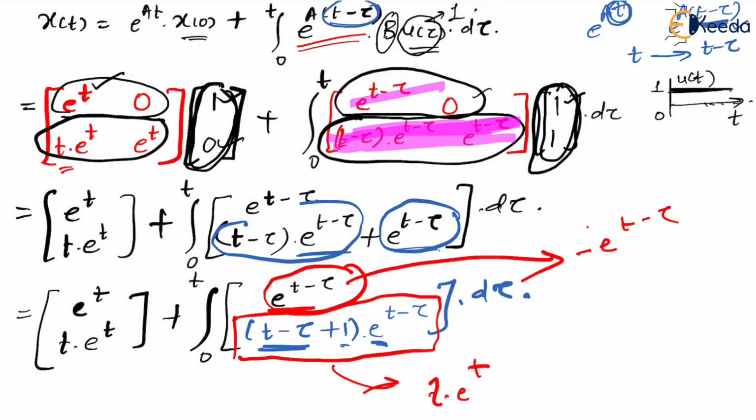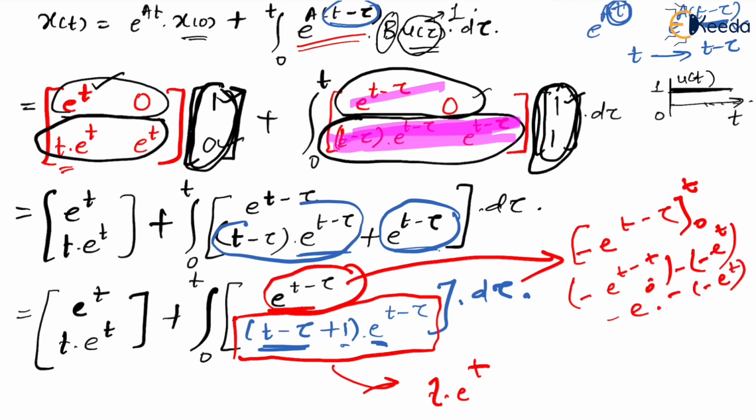Definitely if I apply the limits here, from 0 to t, what do I get here? Upper limit is what? t. So minus into e to the power t minus tau, t minus t, it is going to become 1 into 0, minus lower limit is 0, so it becomes minus e to the power t. This is nothing but e to the power 0, so minus into e to the power 0 minus of e to the power t.